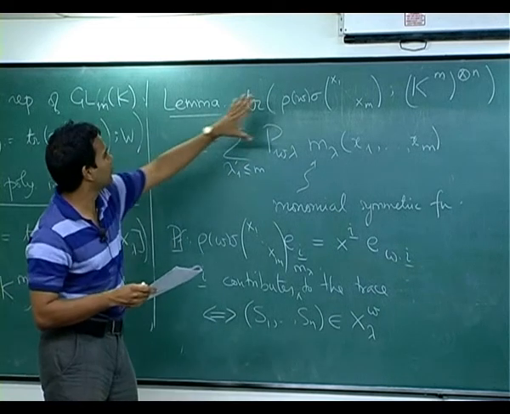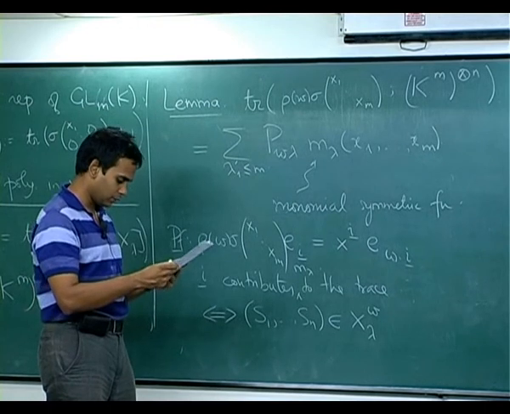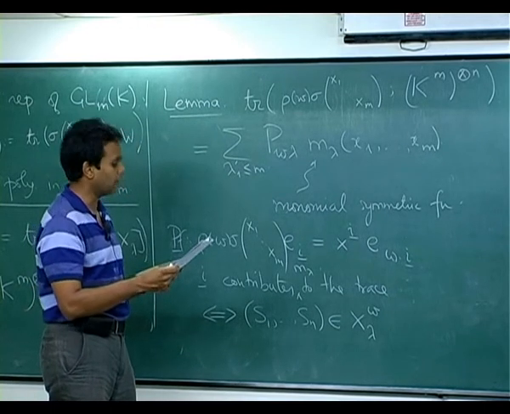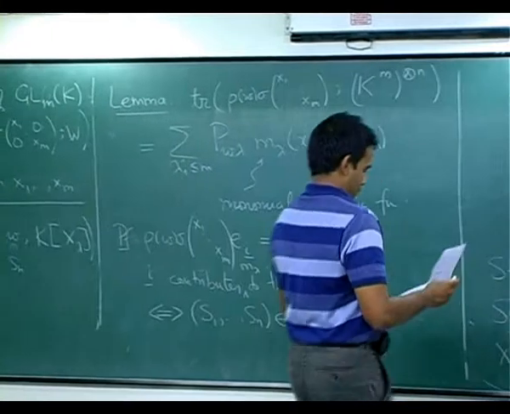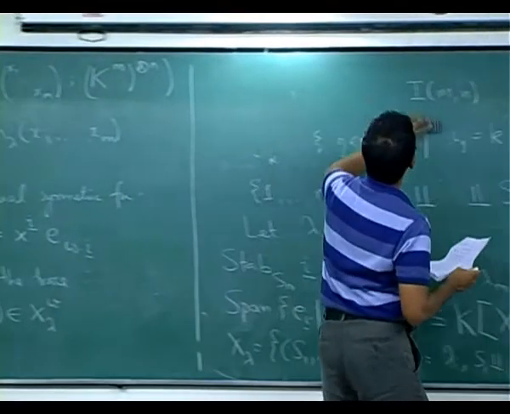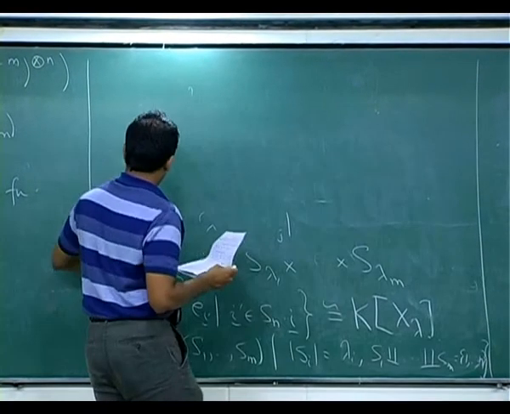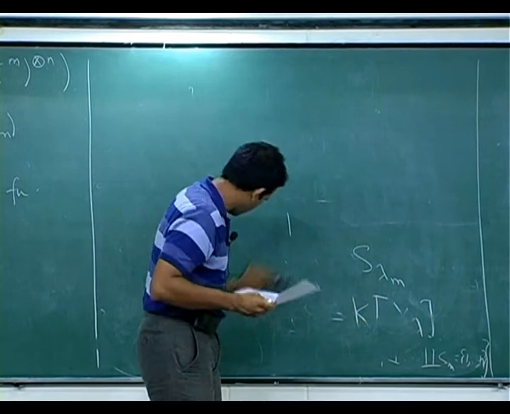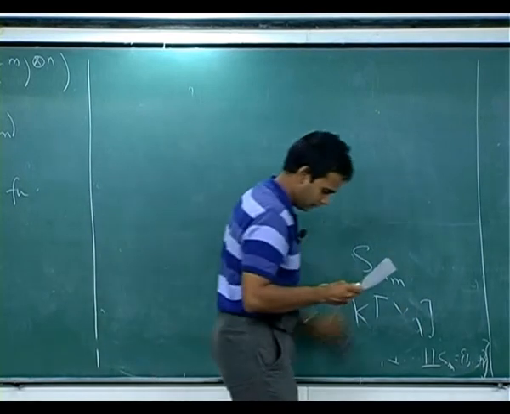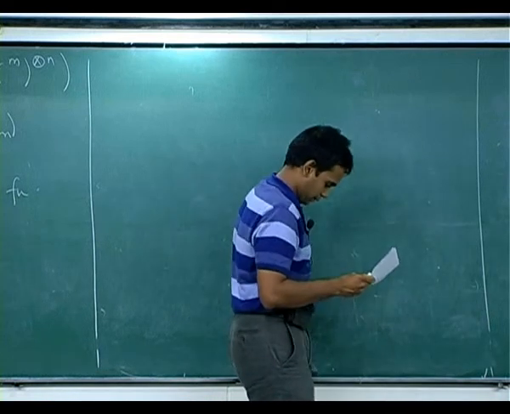Okay, so that's one calculation. And now we'll just use some fact from symmetric functions, which I won't prove today. It has to do with various transition matrices between different families of symmetric functions.